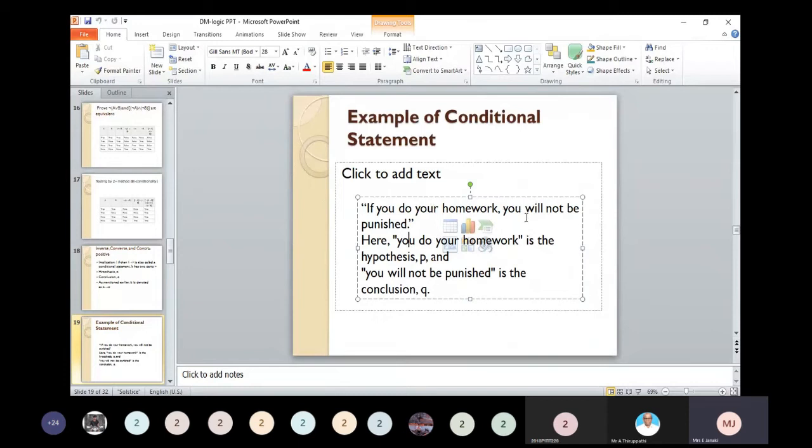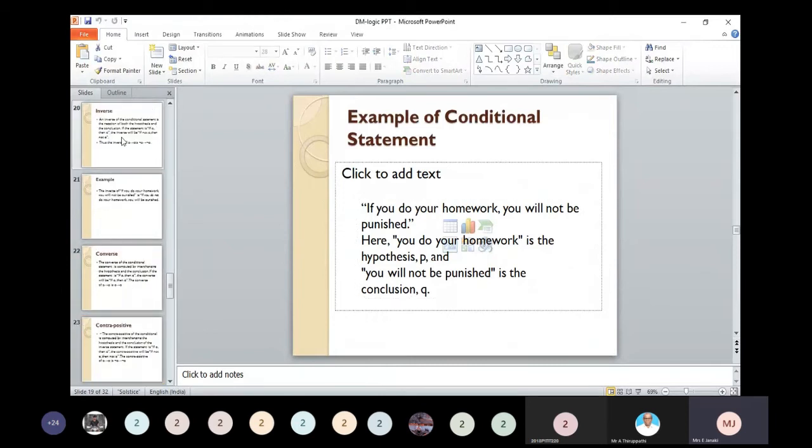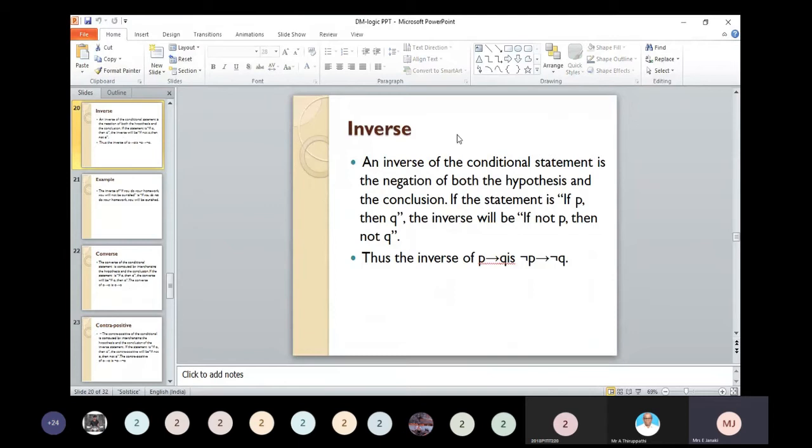Take the second statement, you will not be punished, as Q. Now this is the conclusion. Read this as if P, then Q. Now this is called a conditional statement. This is an example. And now we will see what the inverse is.